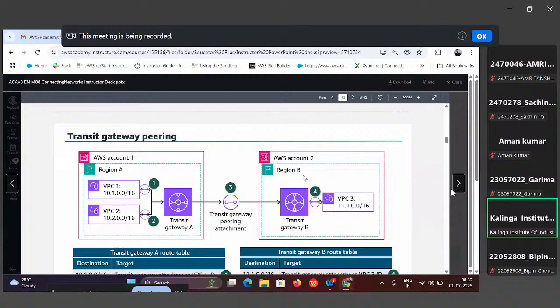This is region A and this is region B. In this region you will find two VPCs, VPC1 and VPC2, where one IP is allocated for this VPC and another IP for this VPC, and they will be connected. Whenever you are connecting VPCs, you have to use the transit gateway, which connects multiple VPCs. This is one of the services on the AWS platform, right?